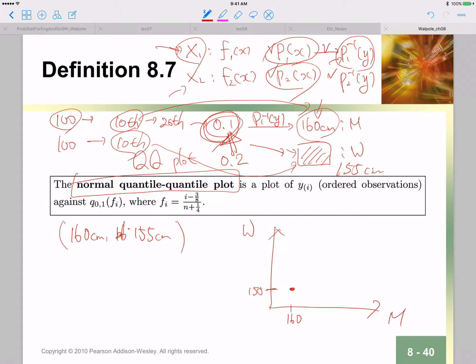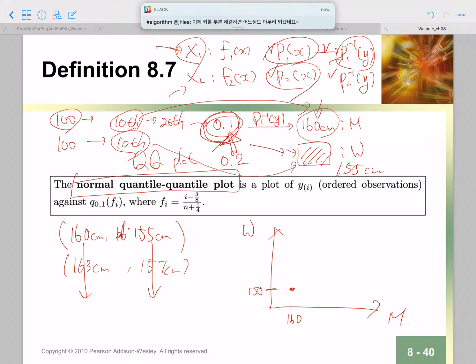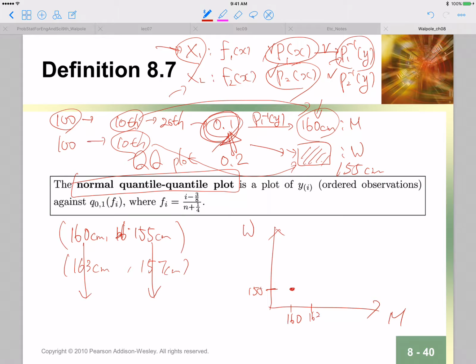Suppose that value was something like 163 and 157. Definitely each of these values will be monotonically increasing, and the next point will be 163, 155, and 157, and we have another point.